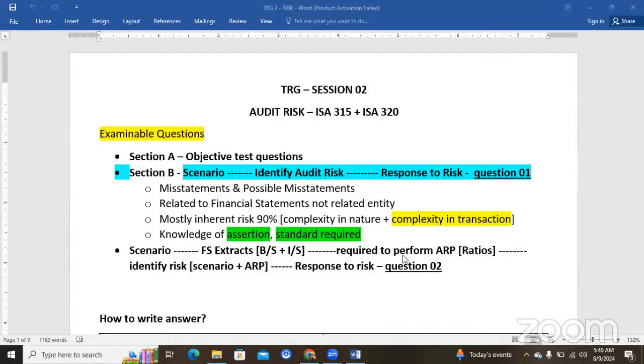Based on the financial statement extract, because if you look at an income statement extract or balance sheet extract, it is not providing information. Whatever data is available in those financial statements, we should apply analytical review procedures and form information. Those data need to be analyzed.